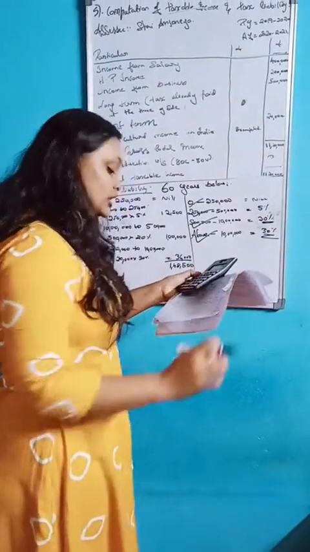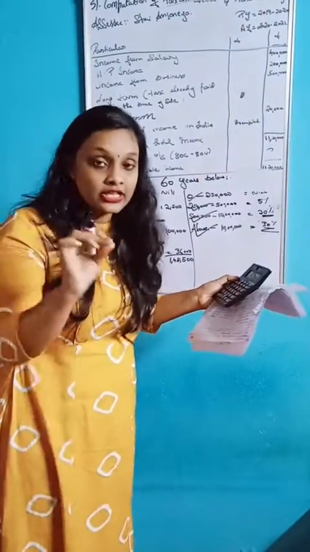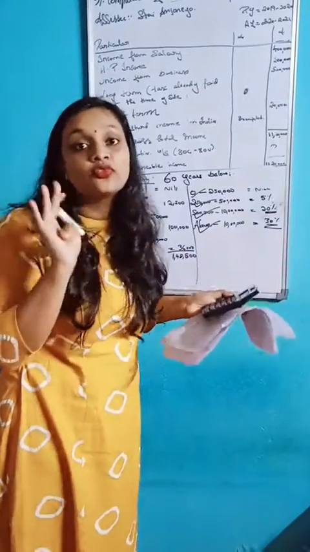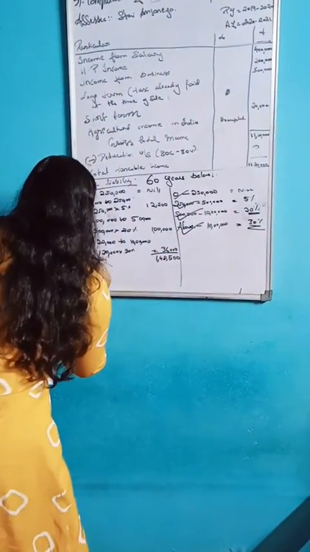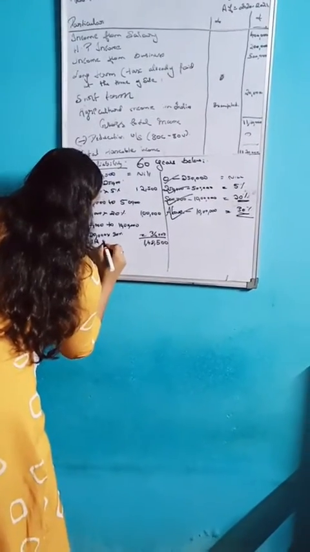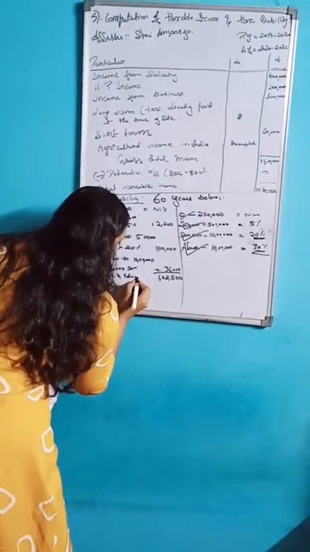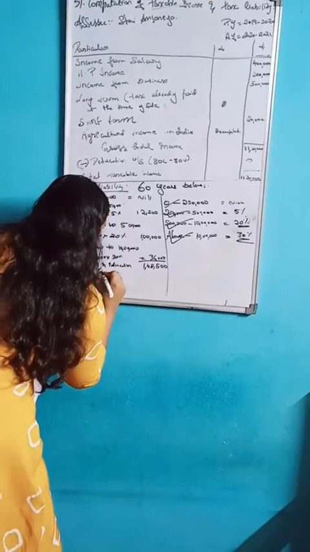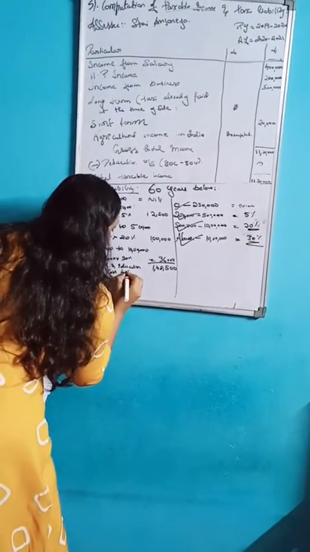After that, we should add health and education cess. The percentage is 4% we should add. Okay. So add health and education cess. That is 4%.